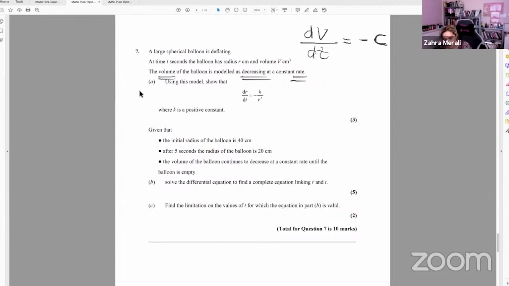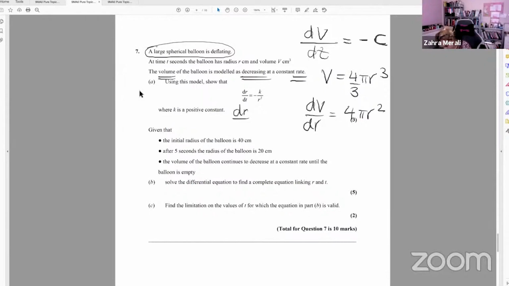I know it's a spherical balloon, so I know the volume is 4/3 pi r cubed. So dV/dr is going to be 4 pi r squared, but I don't want that. I want dr/dt. So I want the r on the top, so I'm going to flip this one and get dr/dV to get the r on top.